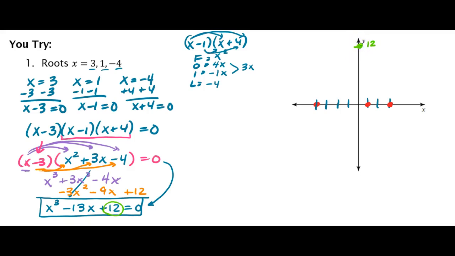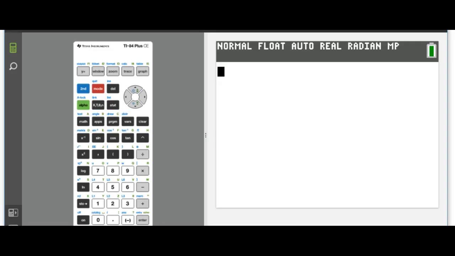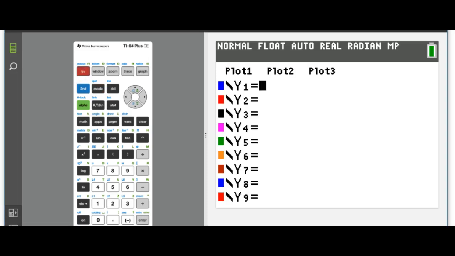At this point, what we're going to do is type what I have here in a teal color into my calculator, and use it to draw a sketch of this graph. And what else is really nice about this is when I go to my graph, if my graph on the calculator doesn't match those two features that I put on my sketch, I'm going to know that there's something wrong. Either my equation is wrong or I typed something into the calculator wrong.